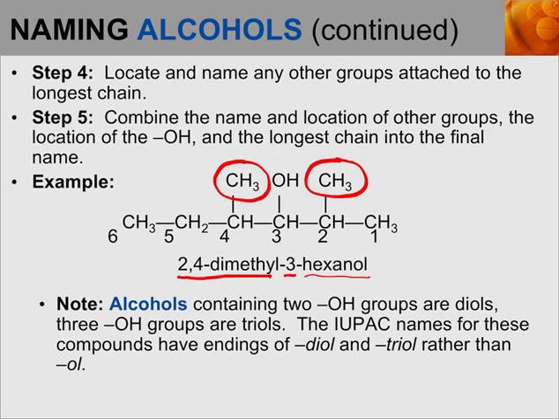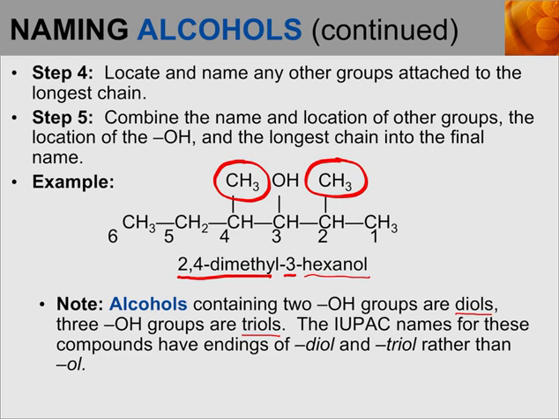Now, what if you had 2 alcohol groups on your chain? Well, this would be called a diol, and these are actually fairly common. If you have three OH groups on your longest chain, then that would be called a triol. So this is very similar to when we talked about how to name alkenes. If you have two double bonds, it's a diene.